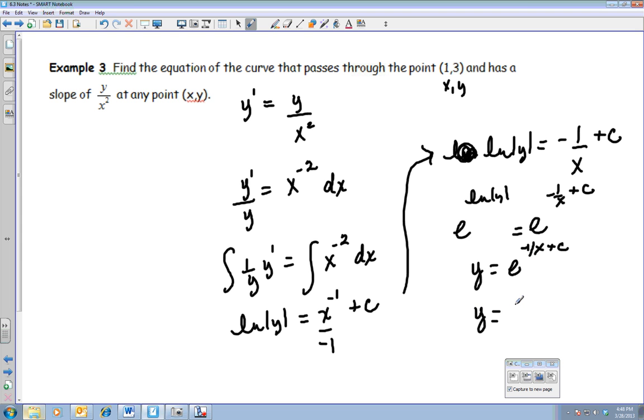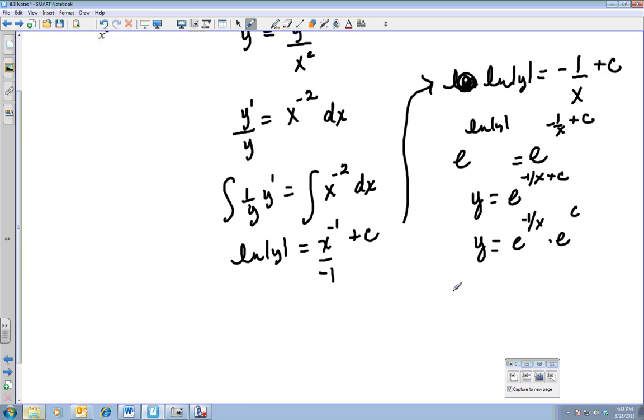So y equals, this means e to the negative 1 over x times e to the c, which means y equals, this is just a constant. And now I'm going to plug in my point that they gave me, 1, 3.